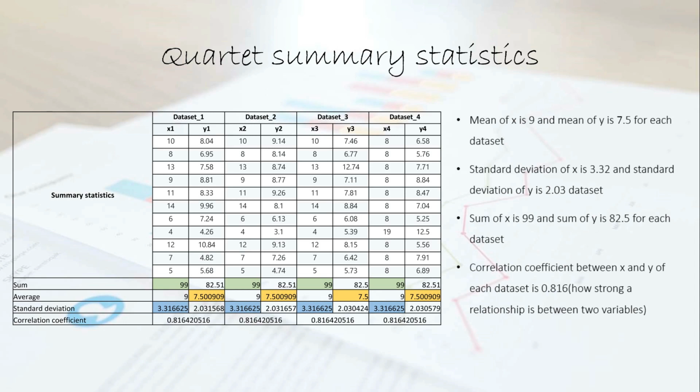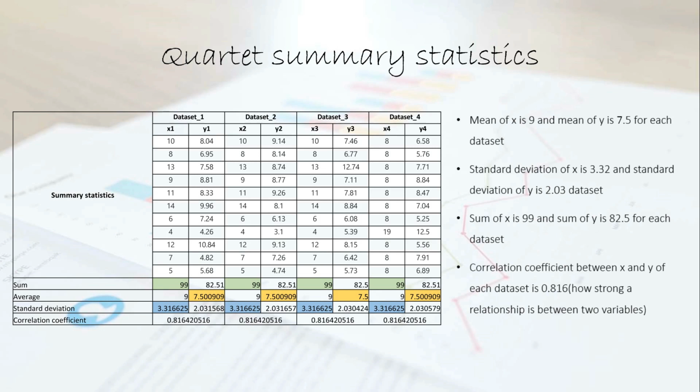We can see that for datasets 1, 2, 3 and 4, the mean of X values equals 9 and the mean of Y values equals 7.5. And the sum for each of the datasets corresponding to X and Y values is also the same.